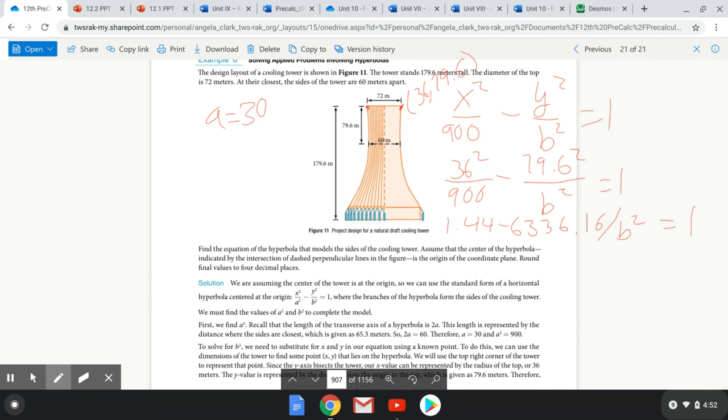Equals 1. So the first thing I'm going to do is subtract the 1.44 to the other side. So I get negative 6,336.16 over b squared. And then over here we have 1 minus 1.44, so that's going to be negative 0.44, right? 1 minus 1.44 is negative 0.44.